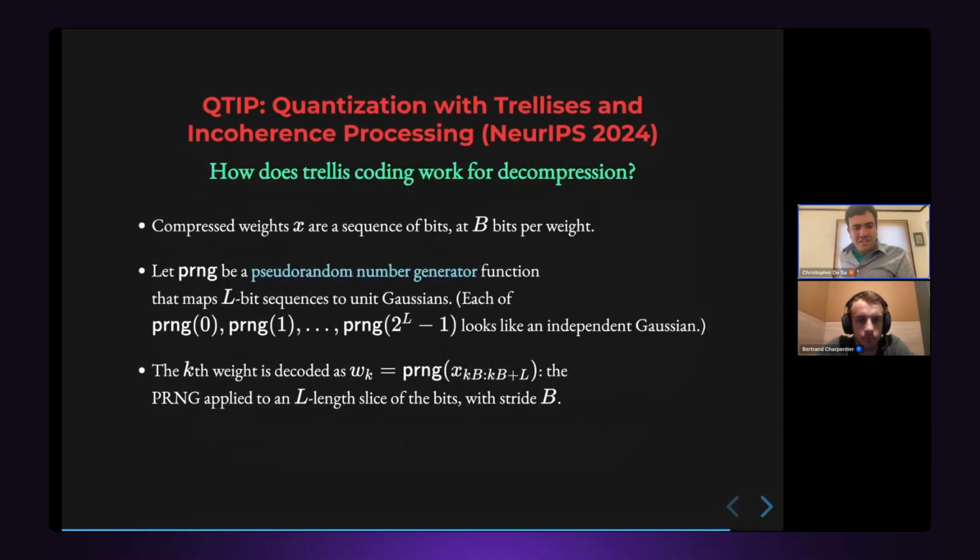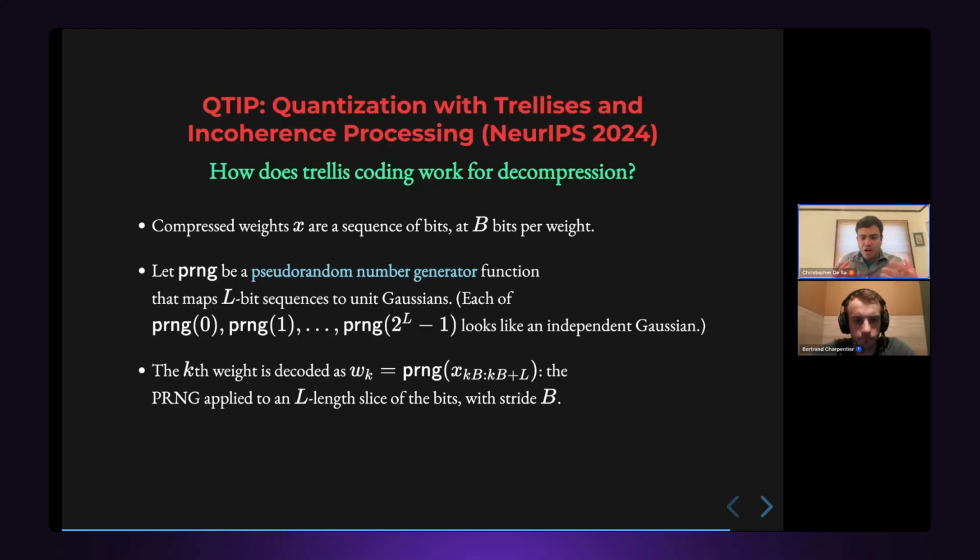They're equivalent in some sense to just using a pseudo-random number generator to generate the weights. So here, what you do during decompression is you have your compressed weights be a sequence of bits at b bits per weight. You have some pseudo-random number generator function that maps an L-bit code into something that looks like a random unit Gaussian.